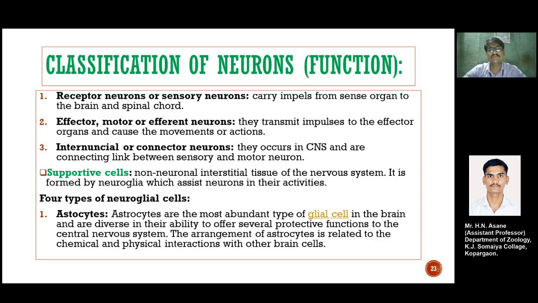They carry impulses from sense organs to the brain and spinal cord. As we all know, our sense organs include touch by the skin, sense of smell by our nostrils, sense of vision by our eyes, and sense of audible sound by our ears.